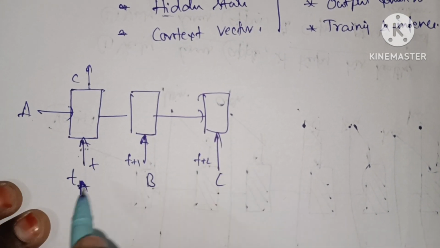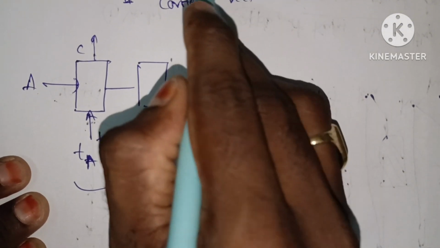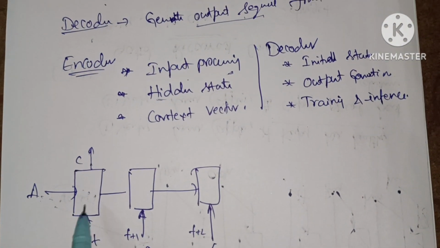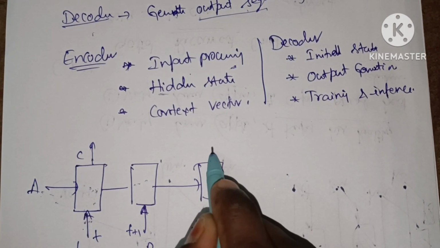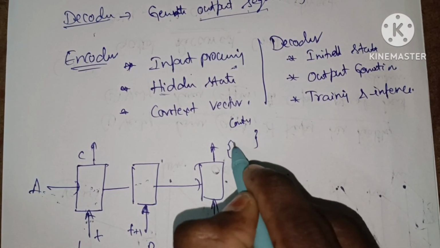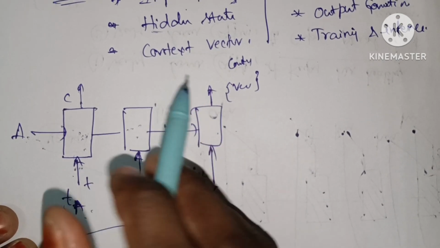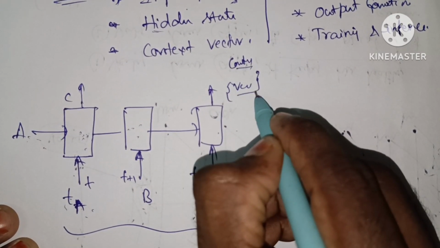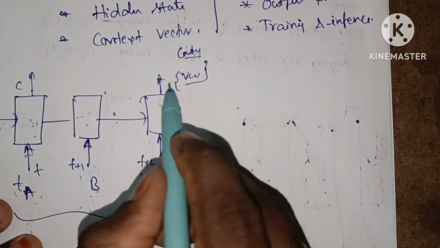This entire part is called the encoder. The encoder takes the input and hidden states, and finally generates the context vector. Based on this input and these hidden states, we finally generate the context vector. Is it clear? What will the decoder do?